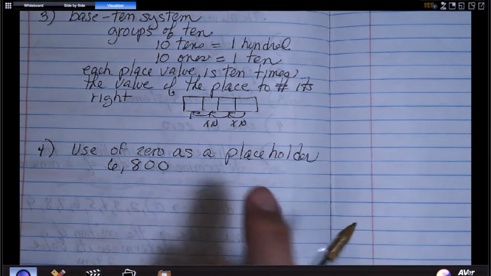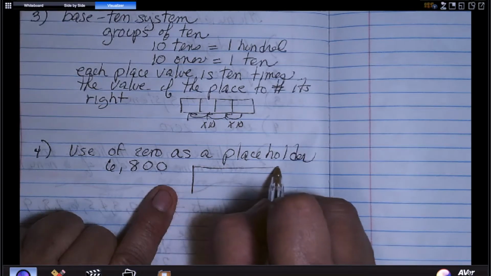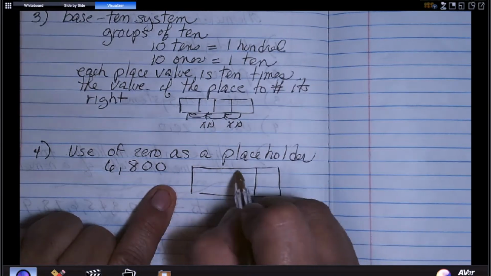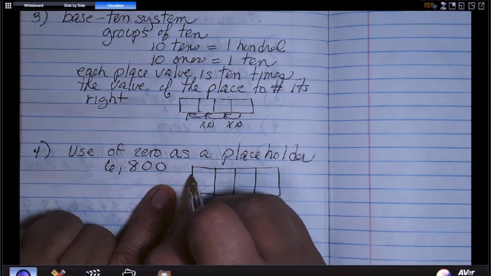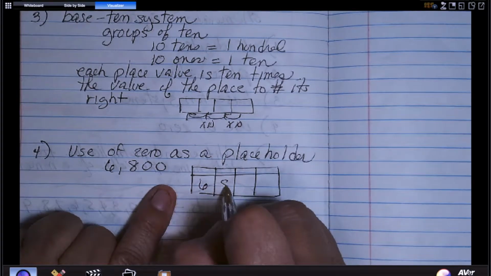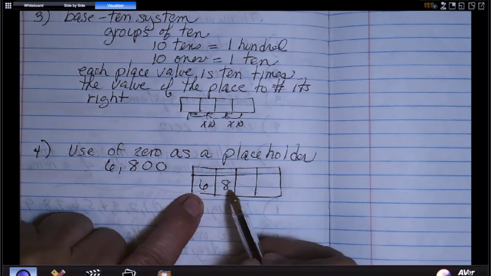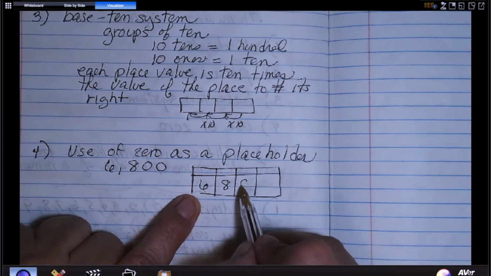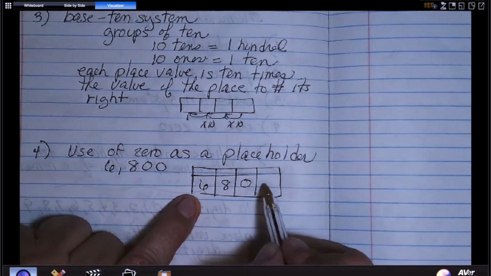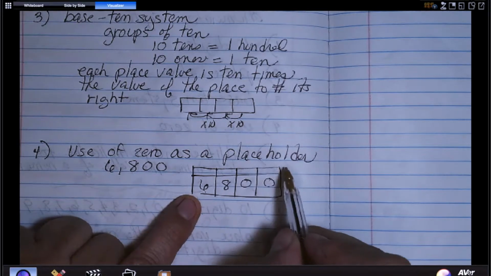I need those 2 zeros because here's my place value chart: ones, tens, hundreds, thousands. This is my thousands. This is my hundreds. I need something here to fill in that space. That's why it's called a placeholder.